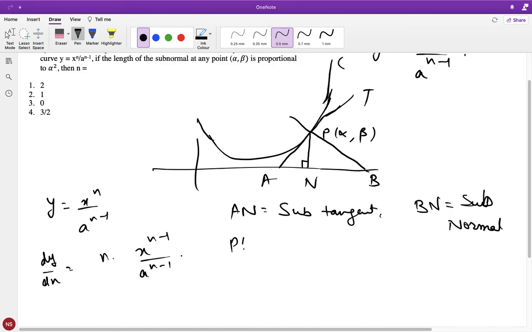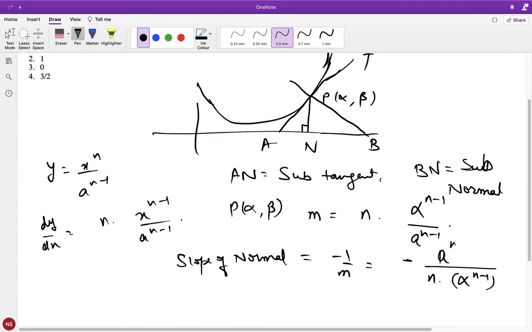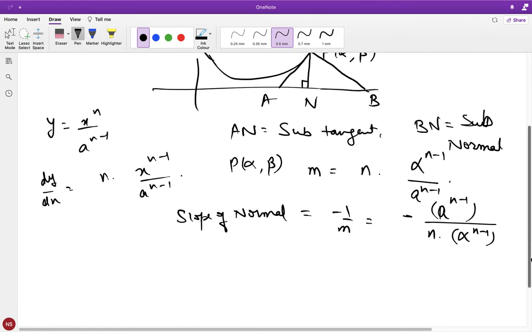So at the point P (alpha, beta), the slope of tangent is m = n alpha^(n-1) / a^(n-1). So the slope of normal is -1/m, which is equals to -1 by n alpha^(n-1), and this a^(n-1) will go into the numerator.